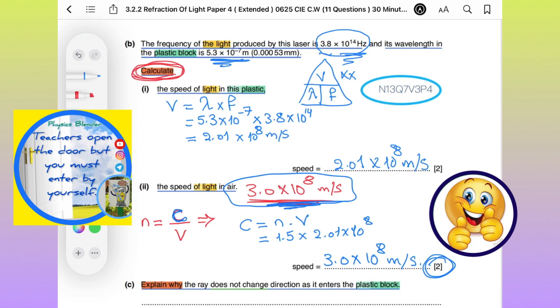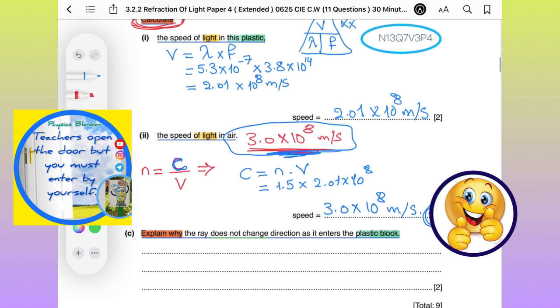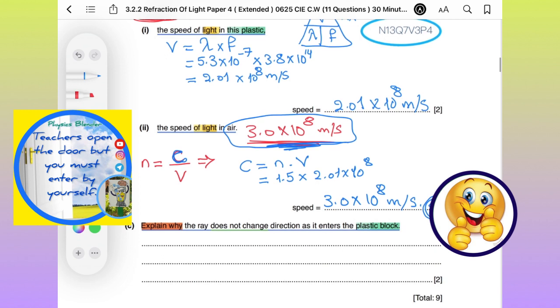Okay, guys? Explain why the ray doesn't change direction as it enters the plastic. I already explained it in the first part. We will write the answer here. The incident light ray is perpendicular, along the normal.